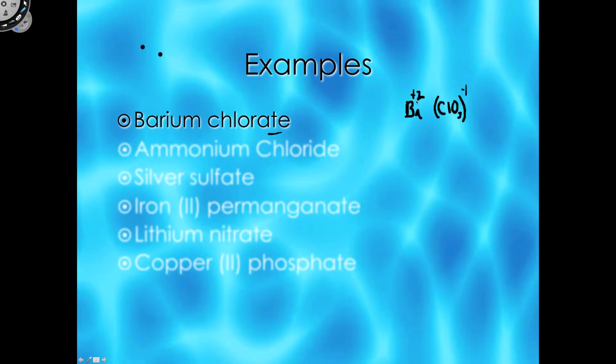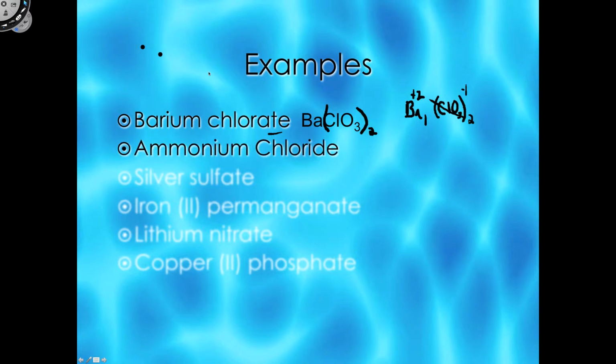Do they add up to 0? Well, they don't, so the 2 crisscrosses. It has to crisscross to the outside of the parentheses. That 1 goes there. We don't write the 1s, though. 1s are understood. And our formula is Ba(ClO3)2. And that is also a typo on the slide, so fix that.